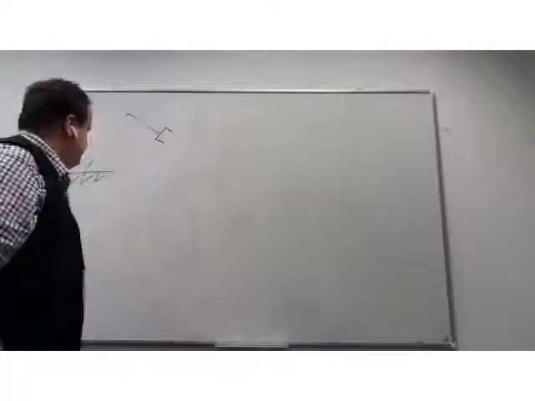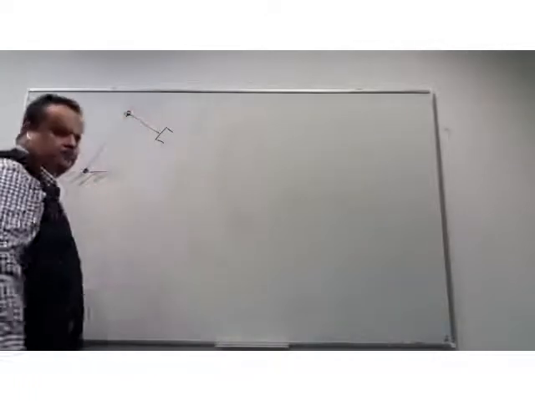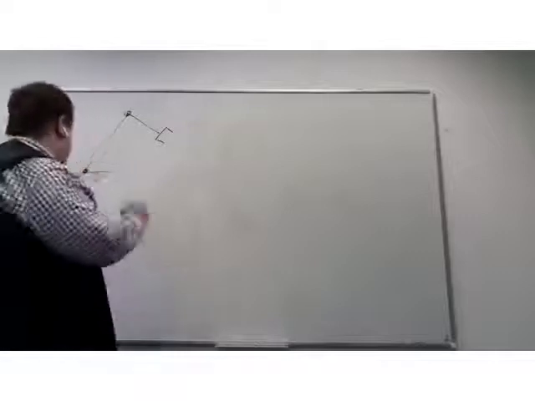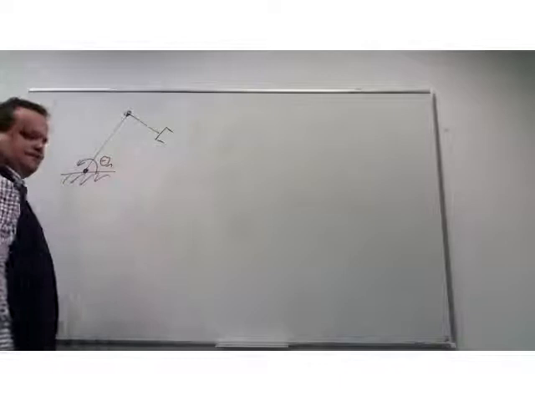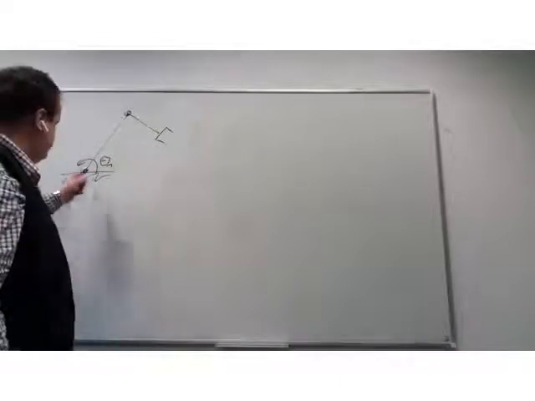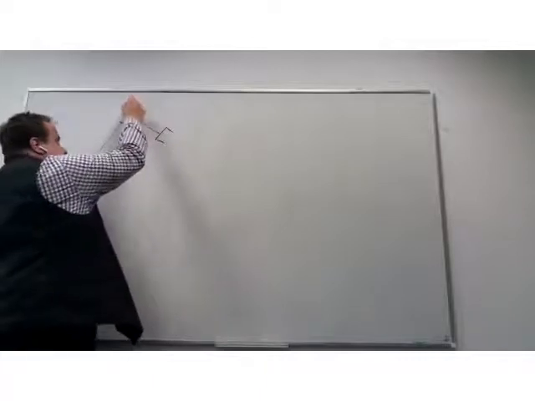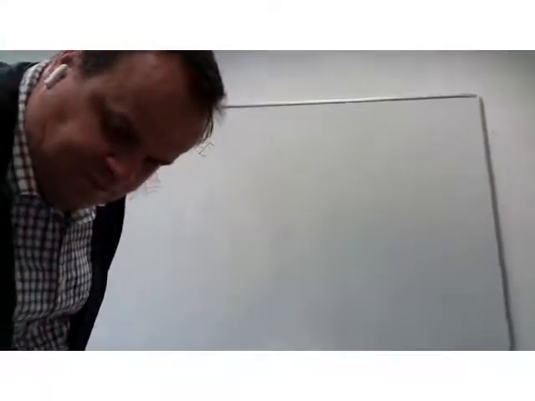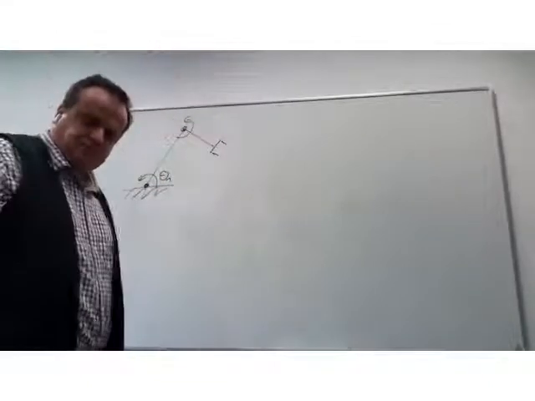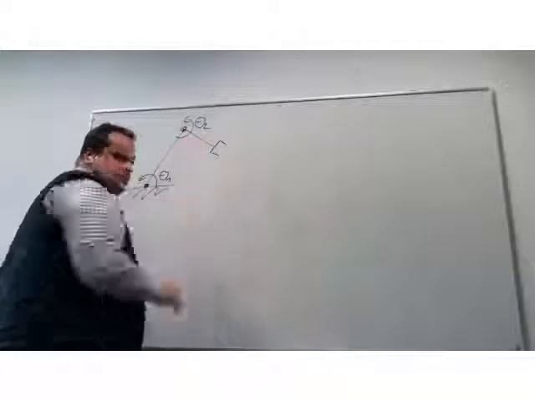And such a manipulator has, in our case here, 2 rotational joints, which create a rotation by an angle θ1 along this axis, sticking out of the board, and a rotation around this axis, sticking out of the board via the angle θ2.